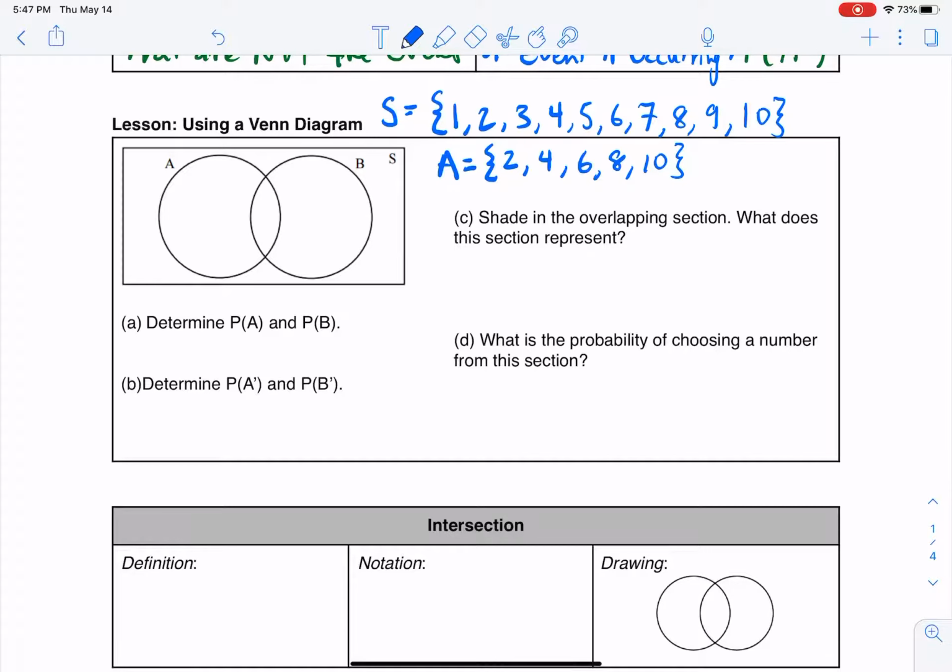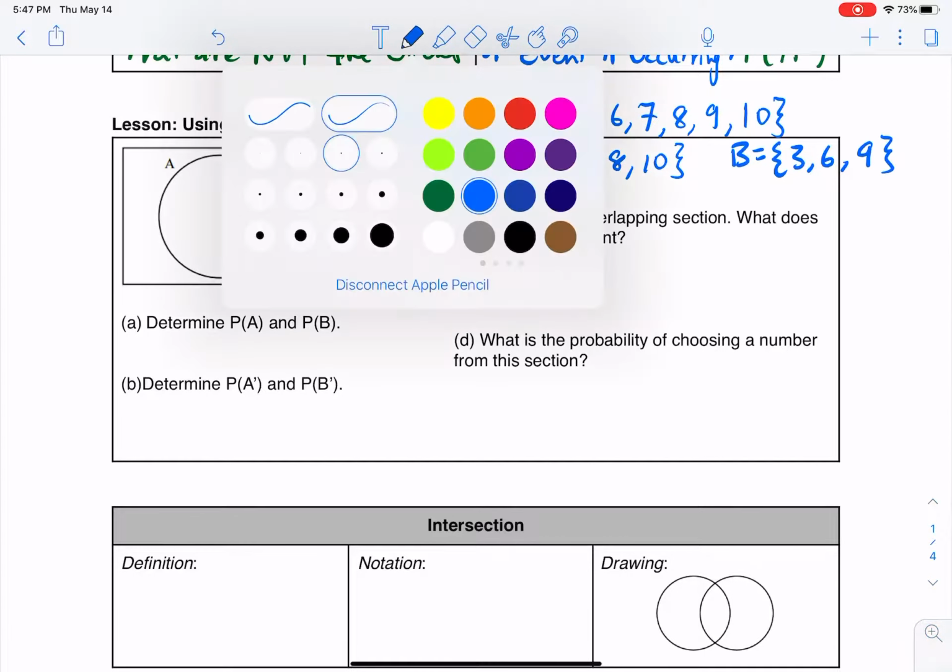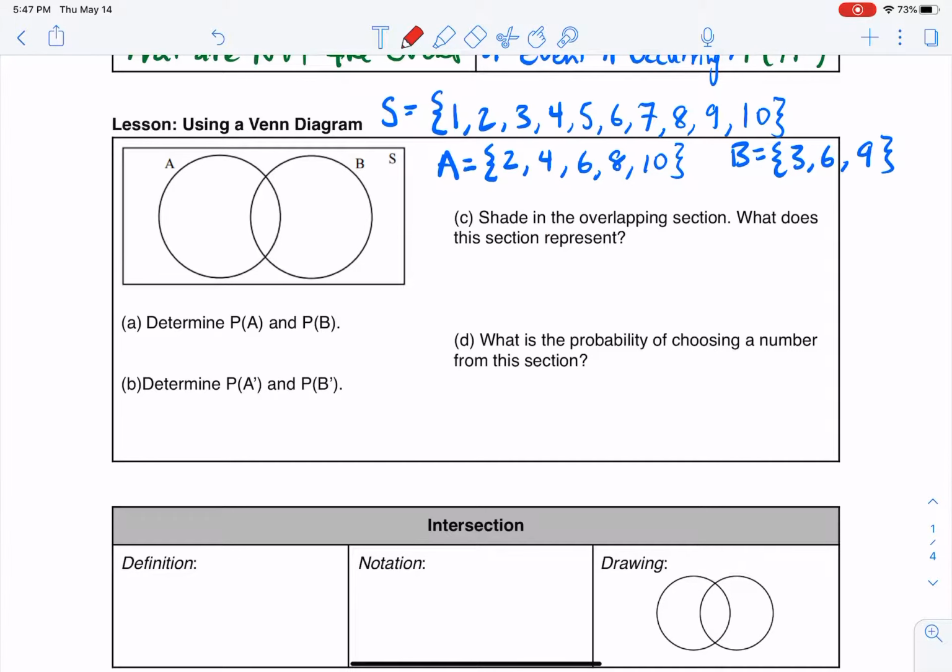Now B is going to be the set of all integers that are multiples of 3. So B describes all the integers that are part of S that are multiples of 3. That would be 3, 6, and 9. Okay, now I'll write in words below each of those what they're describing: all integers that are even, and all integers that are a multiple of 3.